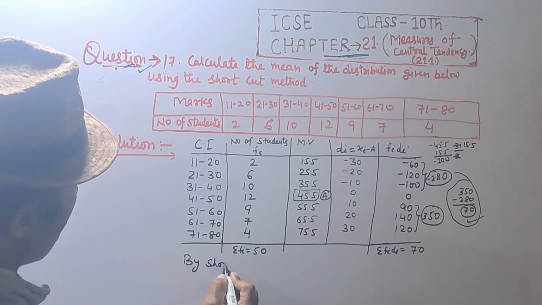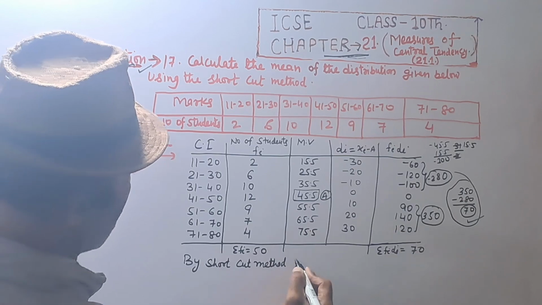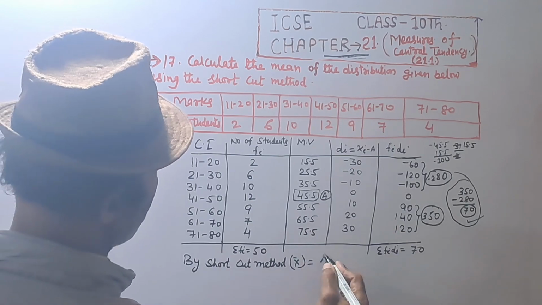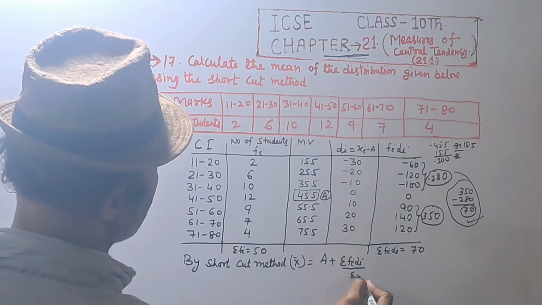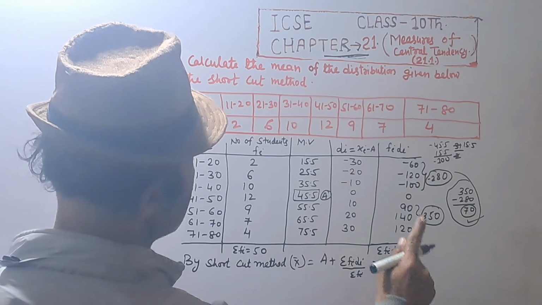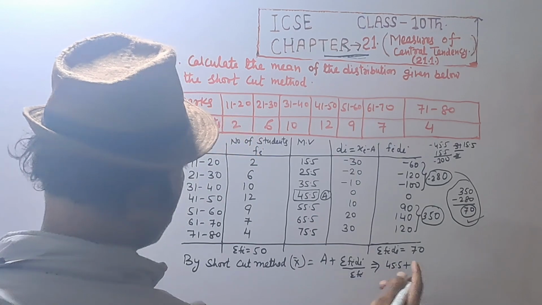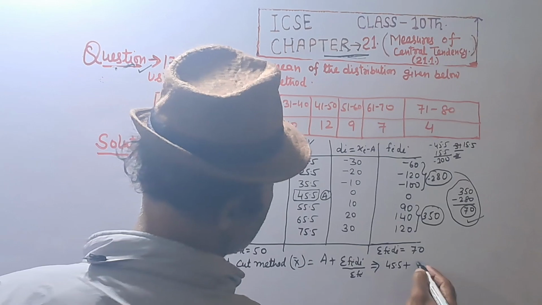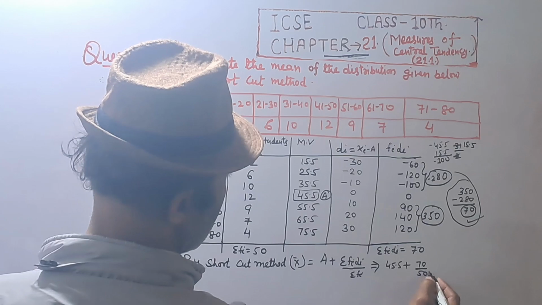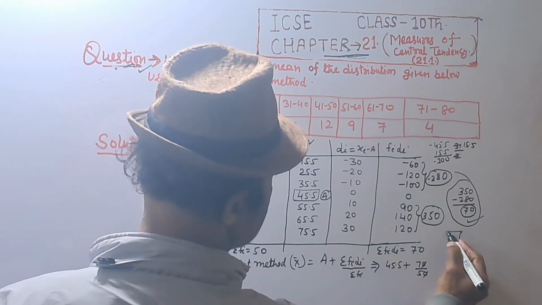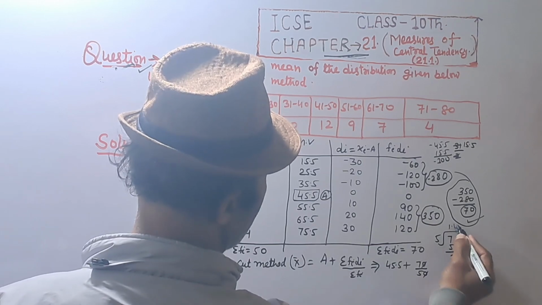Shortcut method. Mean x dash is equal to a plus summation fidi upon summation fi, where assumed mean a is equal to 45.5, plus summation fidi equal to 70 upon frequency 50. 0, 0 is cancelled and 7 divided by 5 is 1.4.